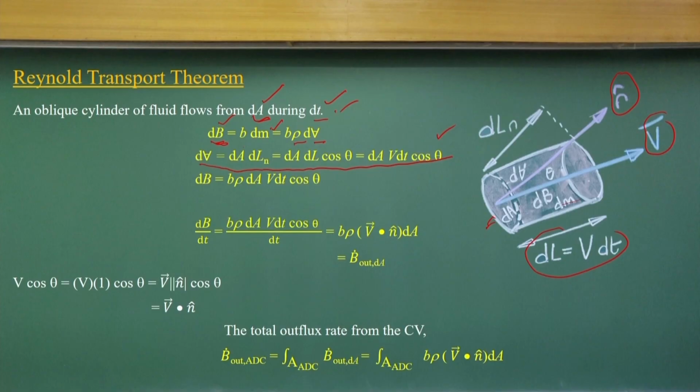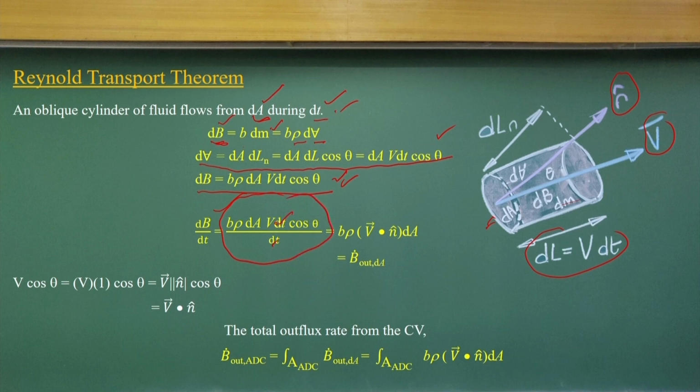Then we can find the length projection and convert the length dl into v into dt. So we get dV as this part. If you look at the time rate of change of dV, the dt is cancelled out.